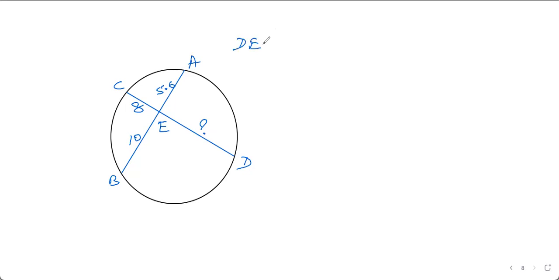I wrote DE first because DE is what we have to find. DE into CE will be equal to, now since we took DE first, we will take DE into AE. You need to write this carefully. It won't make a difference, but still write it properly, because DE into CE and DE into AE, we can write it in any order.